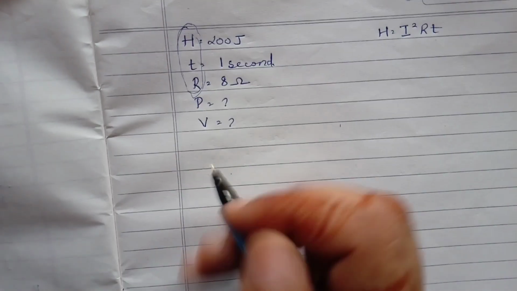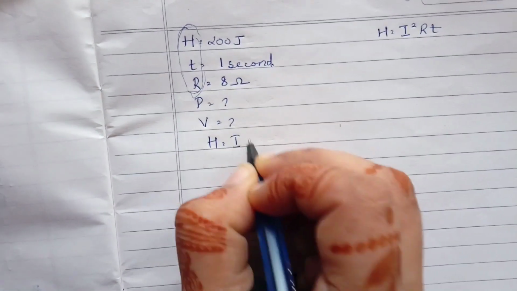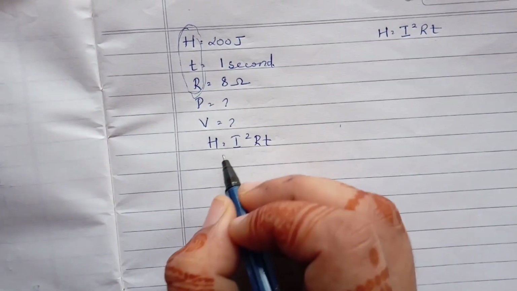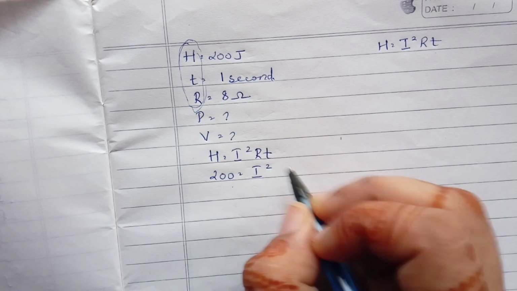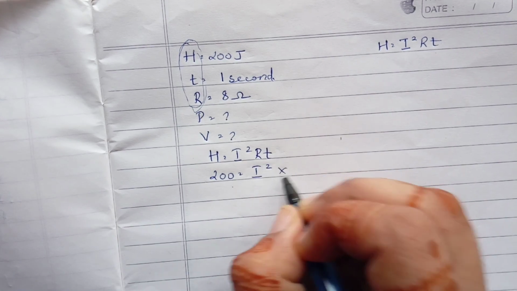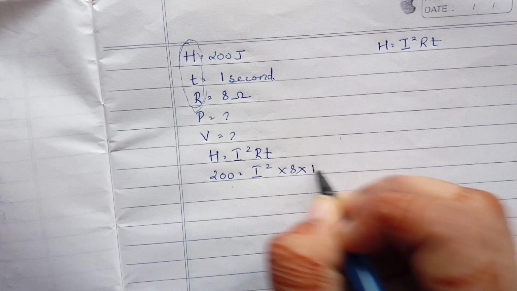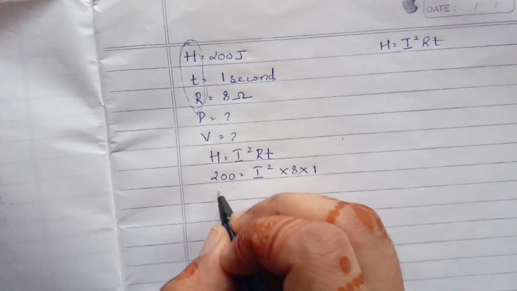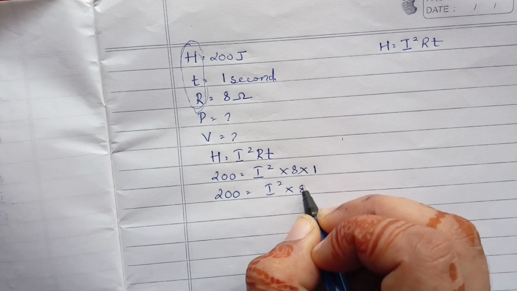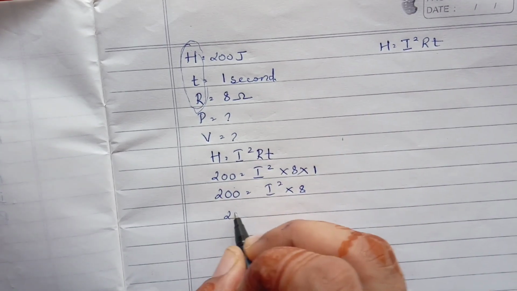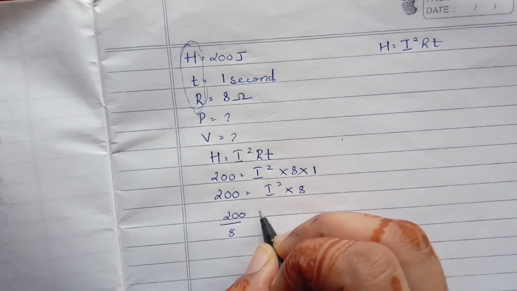We need I. So to solve that, H is equal to I square RT. I'll just put the values. My H is 200. My I square, I don't know anything about I. So my R is supposed to be 8 and my T is supposed to be 1. So now 200 is equal to I square into 8 ones are 8. This 8 now I'm going to bring below 200.